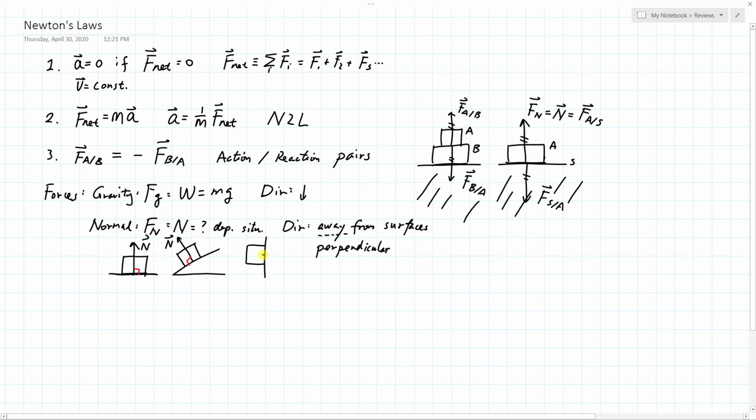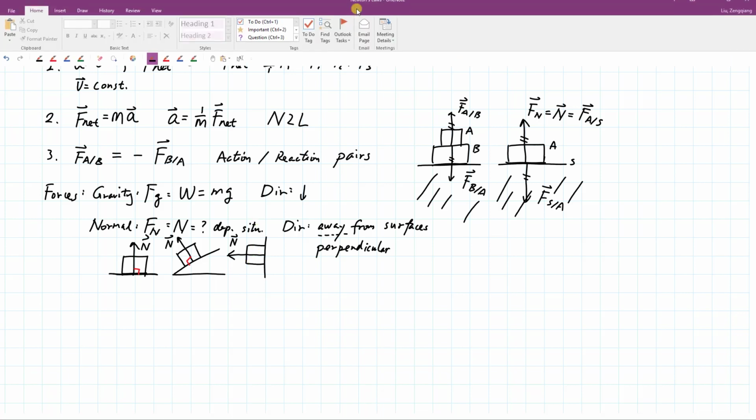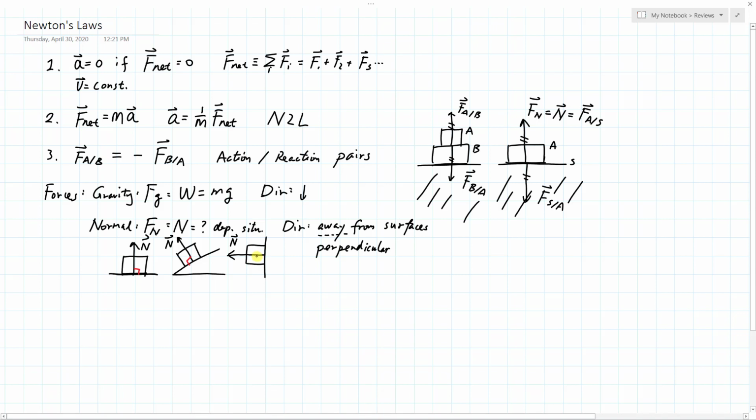This is the whiteboard pushing back. So the normal force could be in any direction. It could even be in the downward direction if I push something against the ceiling. So this really depends on the orientation of the surfaces, and the direction that is always right is perpendicular to the surfaces in question. Okay, so that's a normal force.